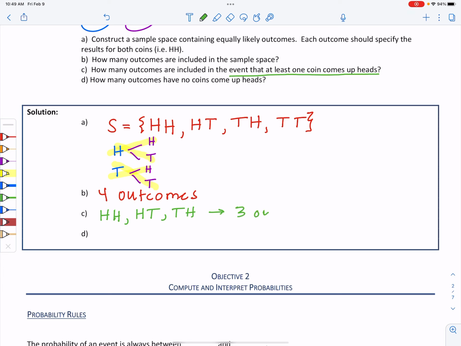Looking at my sample space, I can determine that 3 outcomes would be included. And if I want to look at the situation where no coins come up heads, then I can see that only happens one time here. And so I would say that includes only one of the outcomes in my sample space.